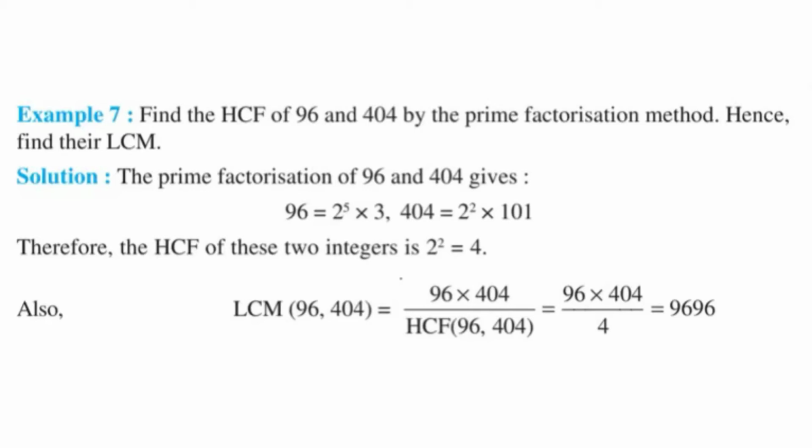Now we know the formula. HCF of A, B into LCM of A, B is equal to A into B. From this we can write LCM of A, B is equal to A into B divided by HCF of A, B. So LCM of 96 and 404 is equal to 96 into 404 divided by HCF of 96 and 404.